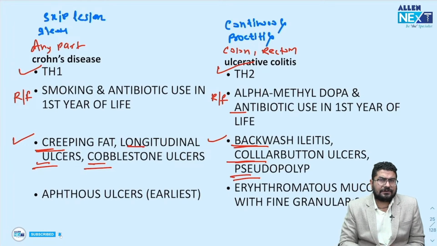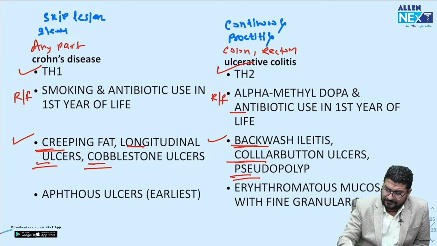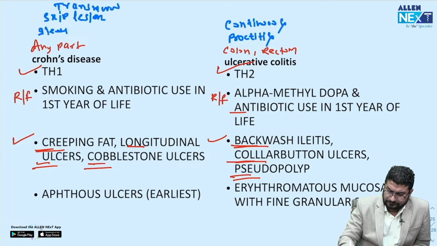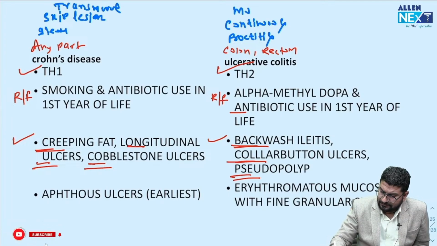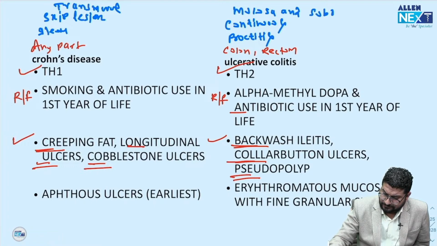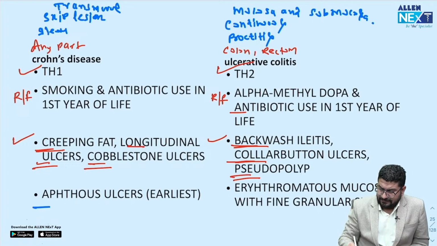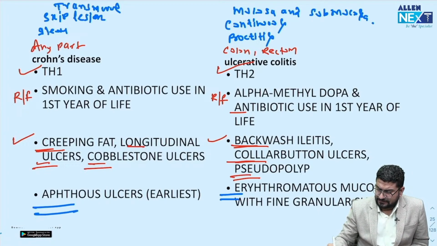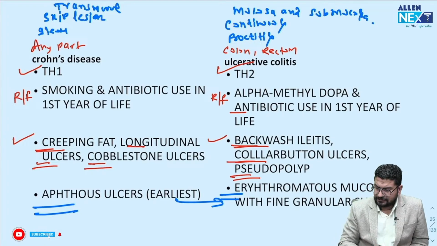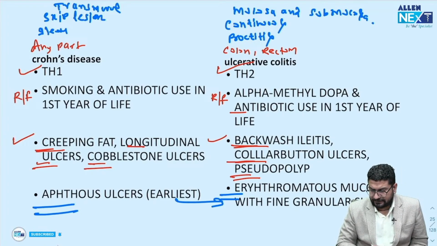And the last difference, you already know: if you see a person with Crohn disease, the inflammation is transmural, and this is limited to mucosa and submucosa. Now the earliest finding here will be aphthous ulcers. Here you will see the earliest finding as erythematous mucosa with fine granular surface.